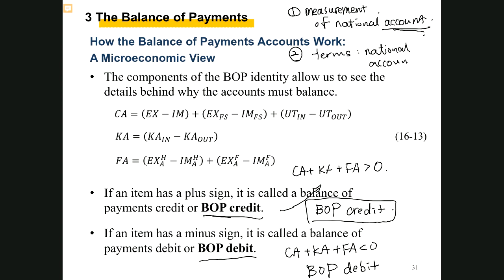Then understand the meaning of the BOP, and what BOP credit and debit mean. This chapter just paves a path for us to get into the new Keynesian model that we are going to explore in chapter 18.